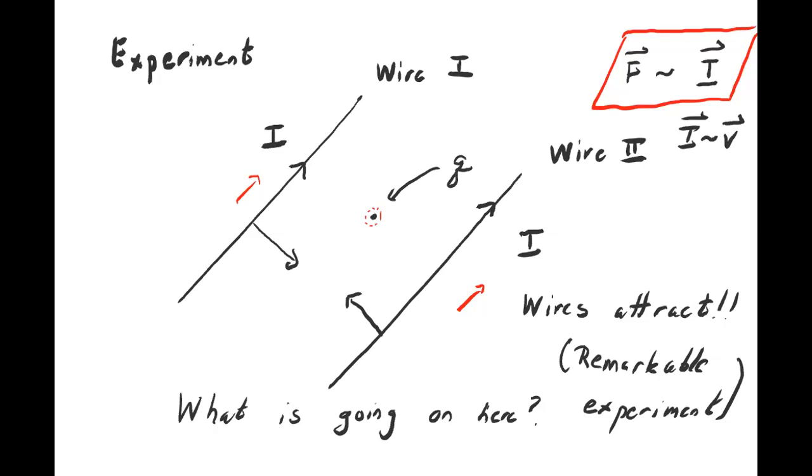I just have a charge in between the two. And then if I turn on those currents, those wires are going to be attracted to each other, but nothing's going to happen to that charge Q. So there's something going on that has nothing to do with electric fields that you would think about. I mean, the stationary point charge Q is not going to generate an electric field, but it's just one more piece to the puzzle.